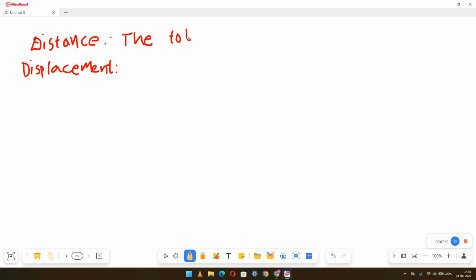The total length traveled by an object is called distance.